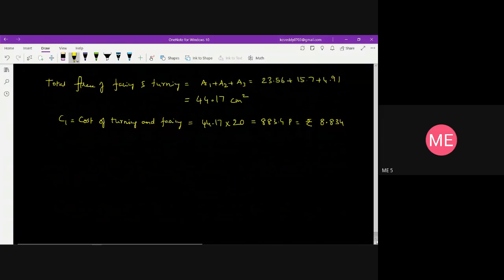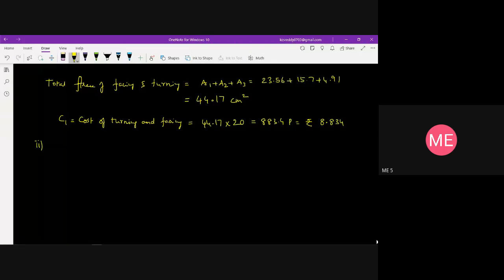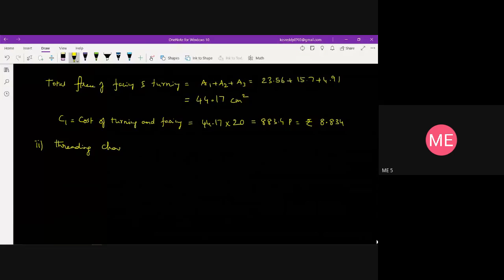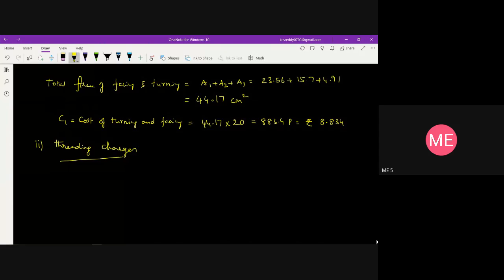Next we'll find out the threading charges. So where the threading is going to be done, the threading charges. We know directly that threading charges is 50 paise per centimeter, or 0.5 rupee per centimeter length.